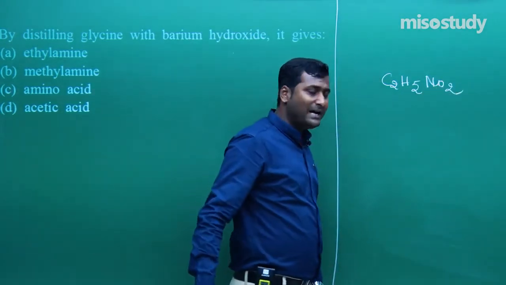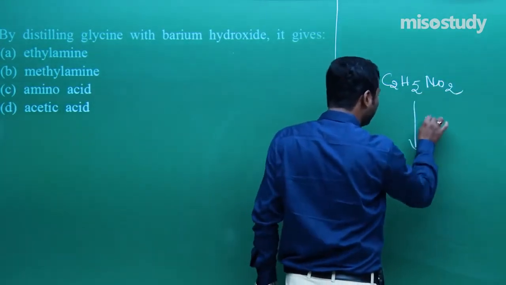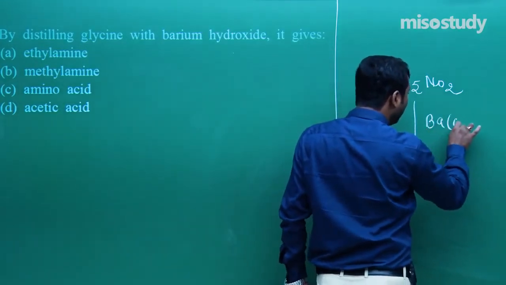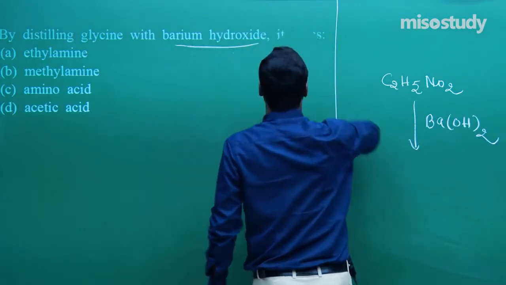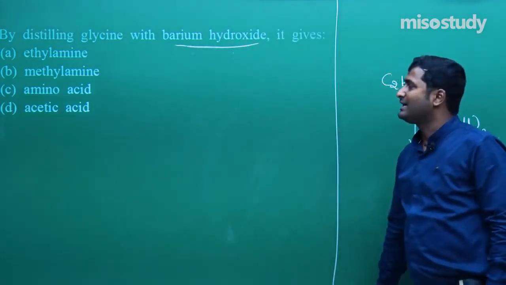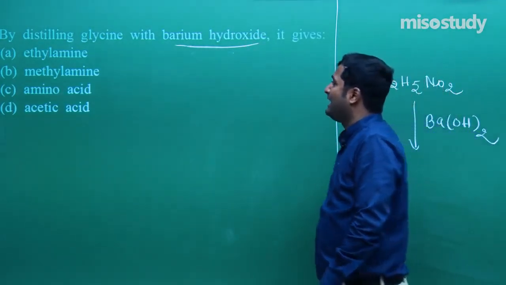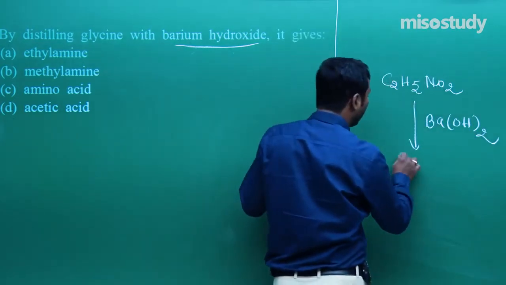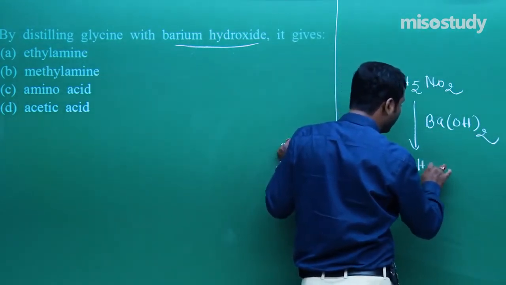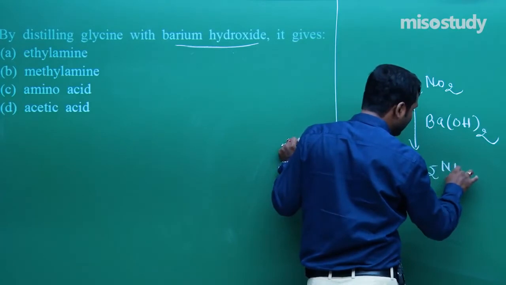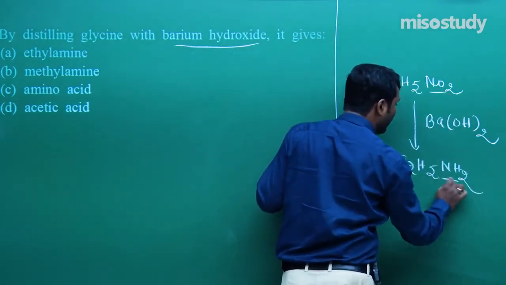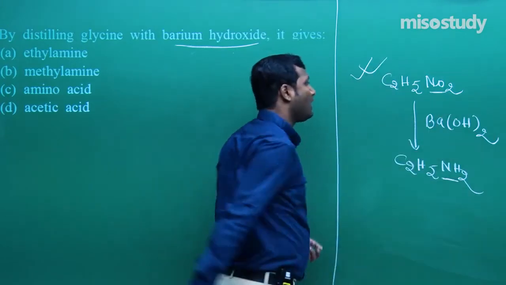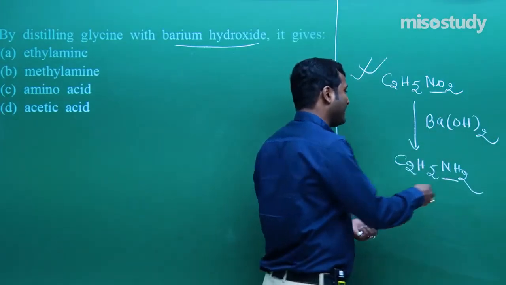By distilling glycine in presence of Ba(OH)2, barium hydroxide, it gives you ethylamine, C2H5NH2. This is the method, conversion of the NO2 group into the NH2 group.